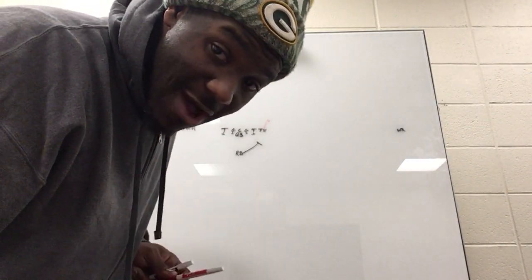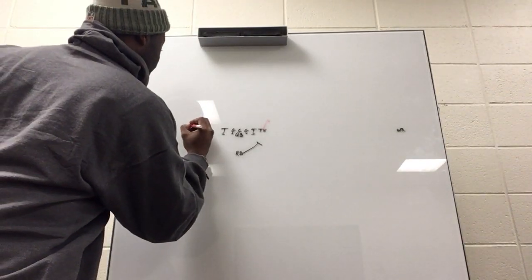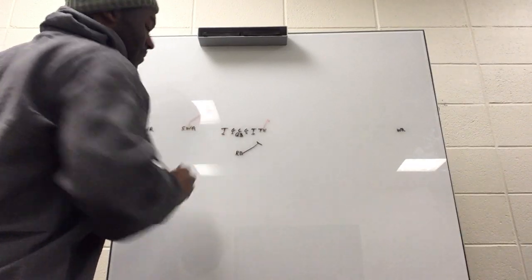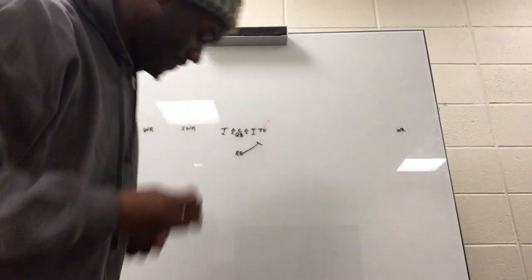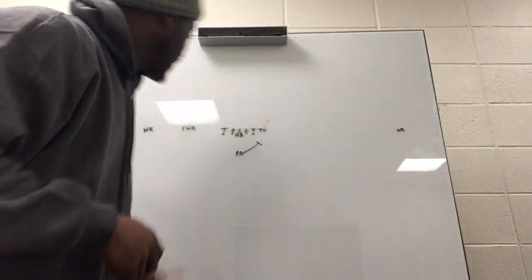The slot corner's hot route will be a quick slant. So there's two hot routes in this play. That concept of a route that is specifically designed to counter a heavy blitz is one of the absolute staples of West Coast offense.